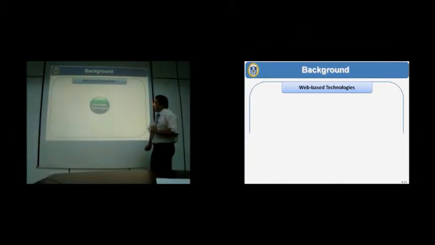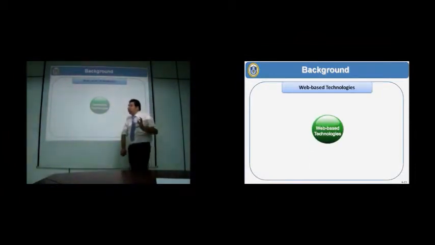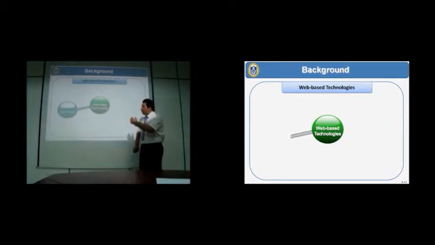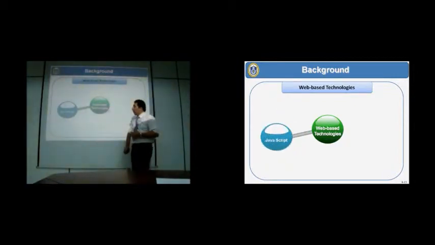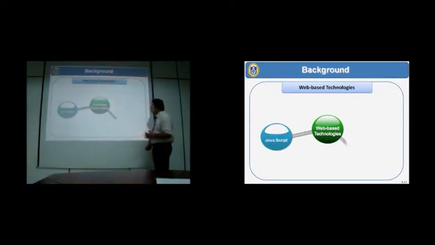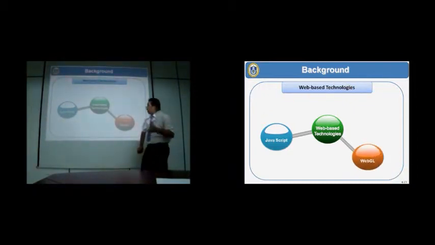Okay. We have a number of technologies that are used to develop a web application. Let's take an example. We have JavaScript we can use to make web applications. We have WebGL, which is based on graphics, high resolution graphics applications.